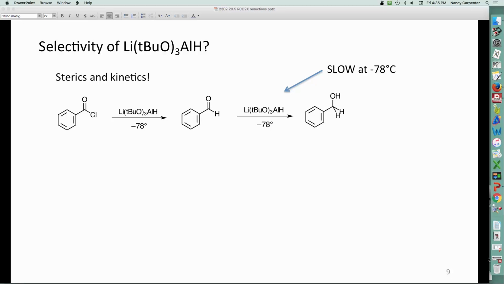And why does it work? Well, what you can see is that, man, it's kind of a bulky reagent. So it is pretty much slow to react.